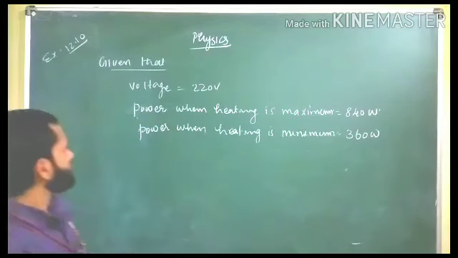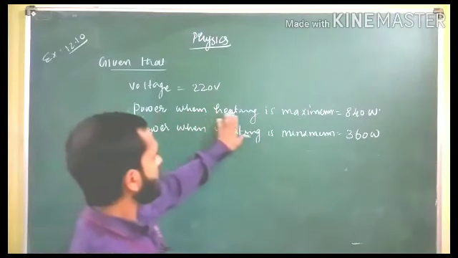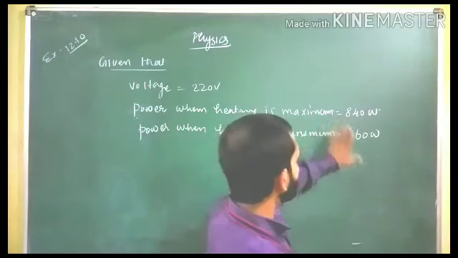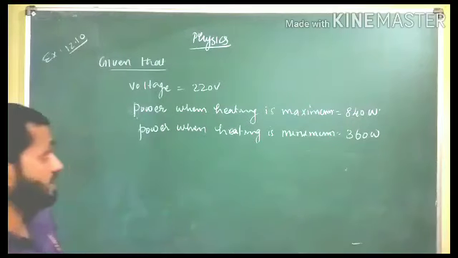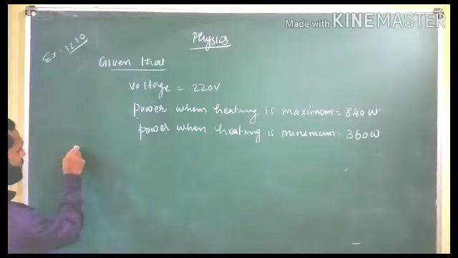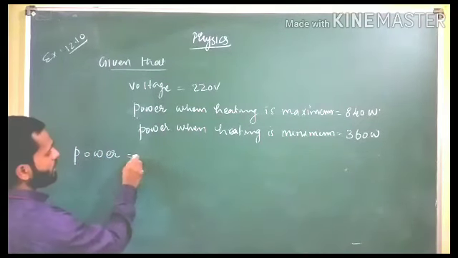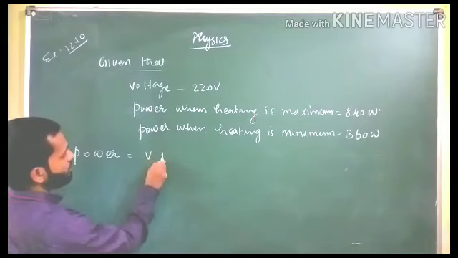So here see students, voltage is given 220 volt, power when the heating is maximum is 840 watts. Okay students, in the first case, we know power, what is power? Power will be equal to P is equal to V into I.